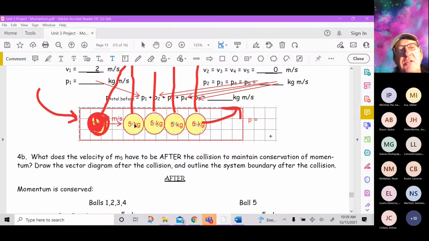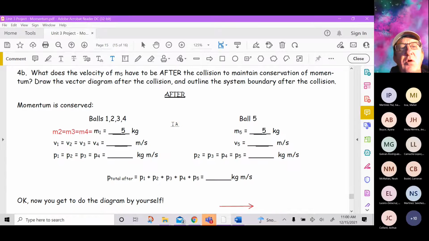It took the momentum and just passed it on, passed it on, passed it on. Well, this one didn't have anybody to pass it to, so it moved. But all of these guys stood still for a moment. All 4 of those, balls 1 through 4, all stood still for just a moment. So once again, we're back to 0 velocity for all 4 of them. At least in a perfect Newton's cradle, that's what we would see.